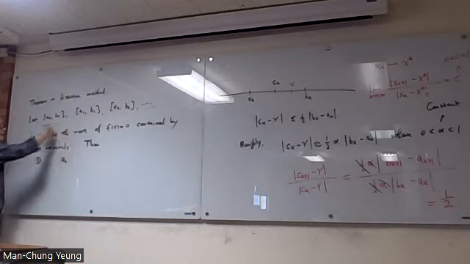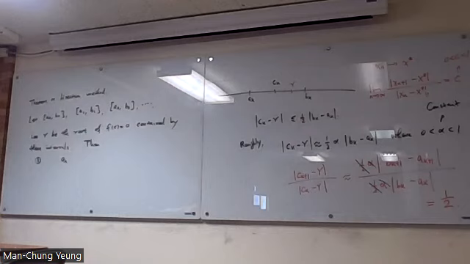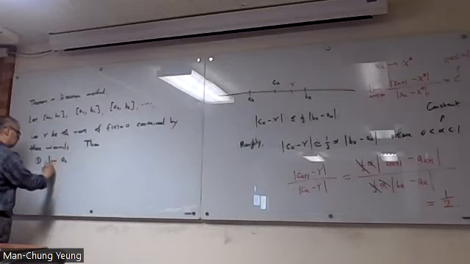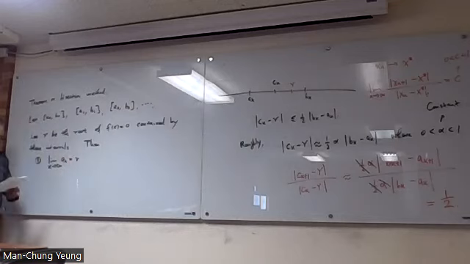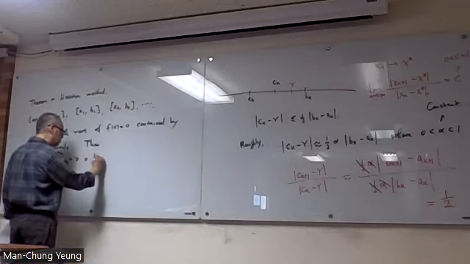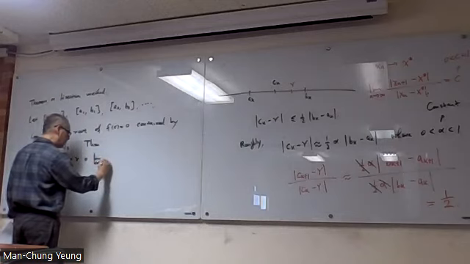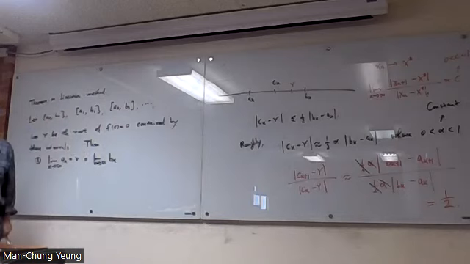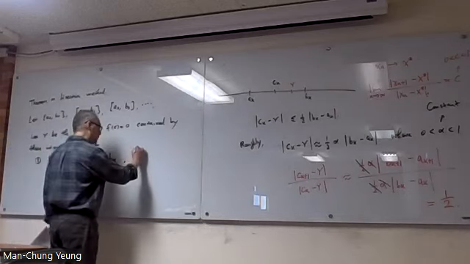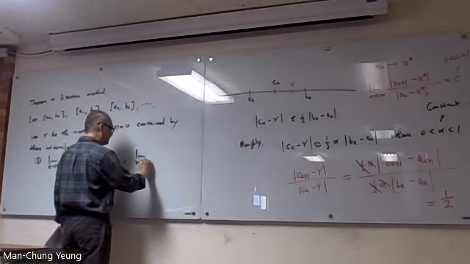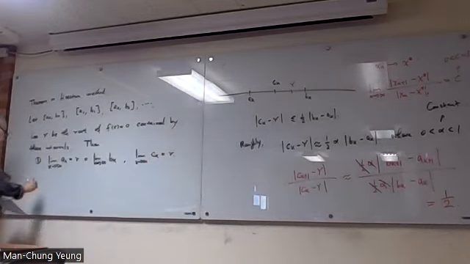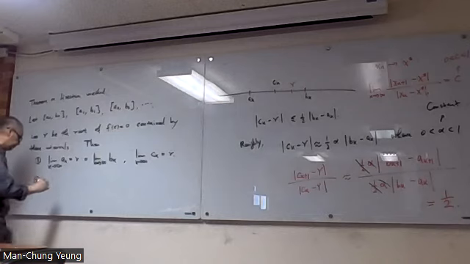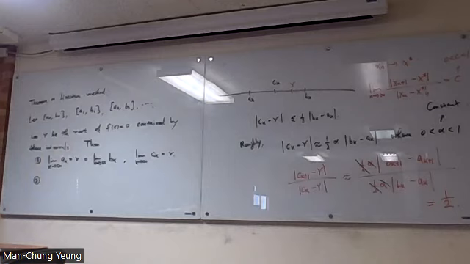Then AK, the left endpoint of these intervals, will approach R. Of course, the right endpoint also approaches R. The midpoint, of course, approaches R. Step two: how close is the midpoint of an interval from the root?